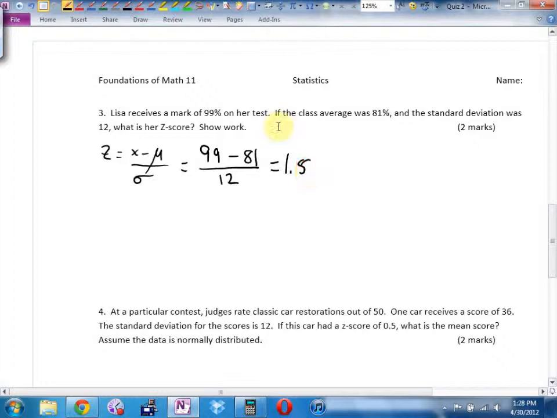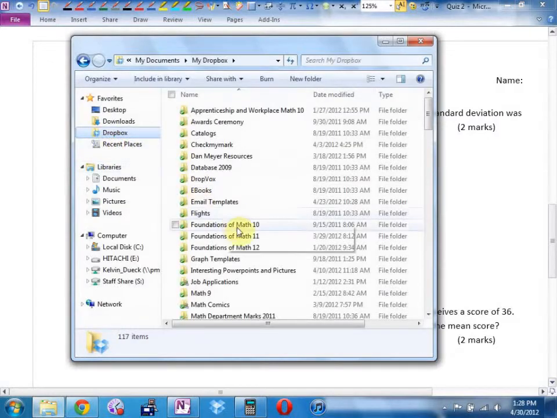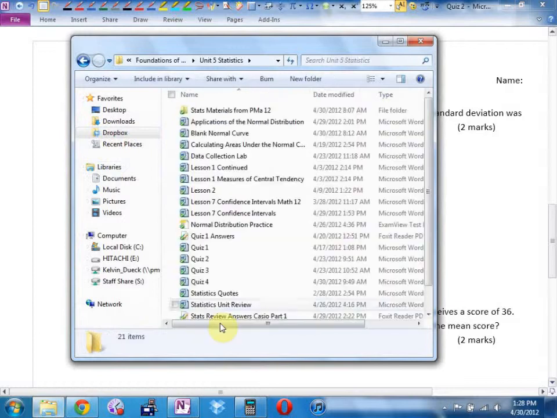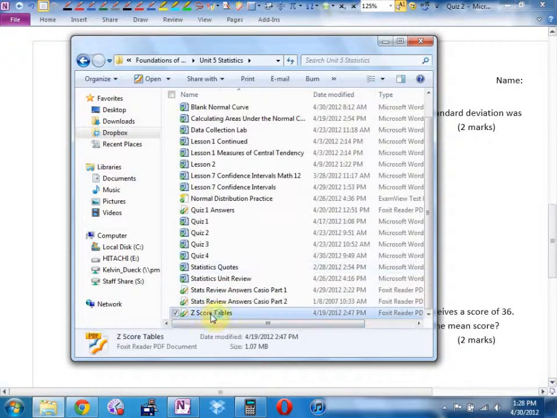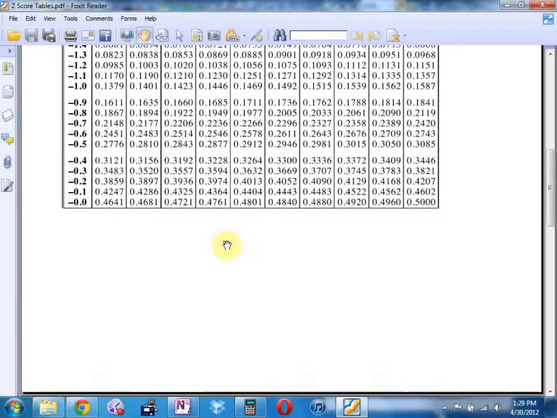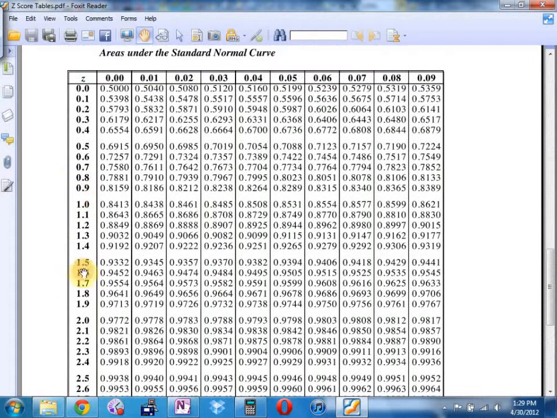By the way, if this was a provincial exam, then the percentage that she would receive on this exam from the government would be, let me find my Z-score table. What was the Z-score? 1.5? 1.50. So she would actually get 93.32%.